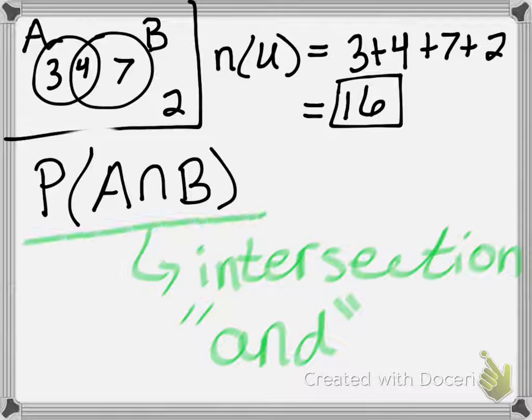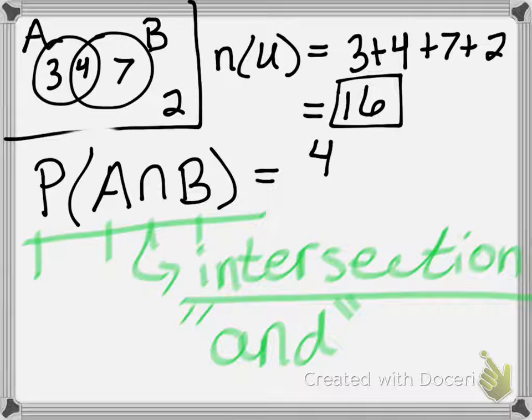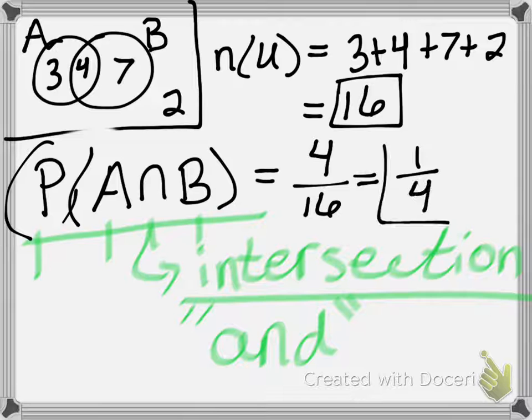So how you would read this is, what's the probability of A and B? What's the probability of them being in both groups? This one's kind of straightforward. It literally says intersection. So look at the intersection between our two circles, which means there are 4 people there. Since it is probability, we are going to divide it by our universal. Simplify your fraction. Your answer can be a decimal or percentage as well.